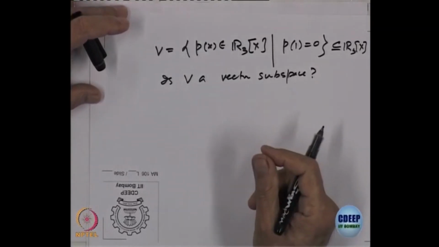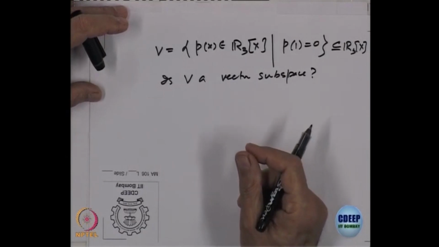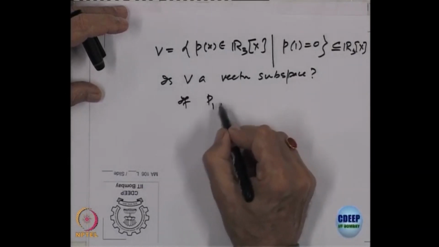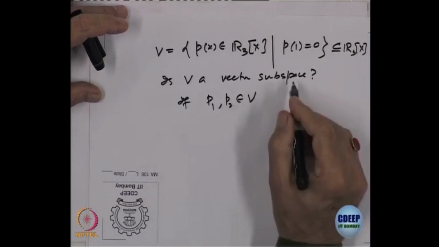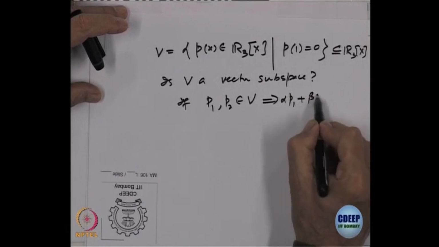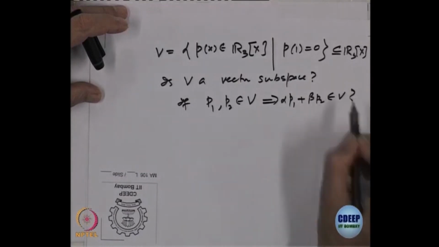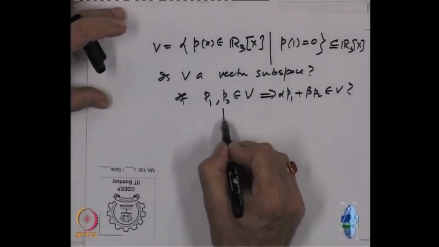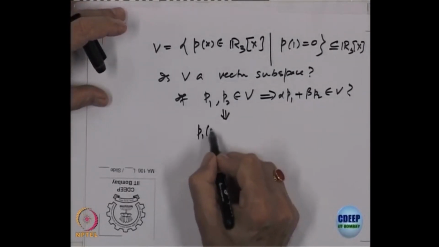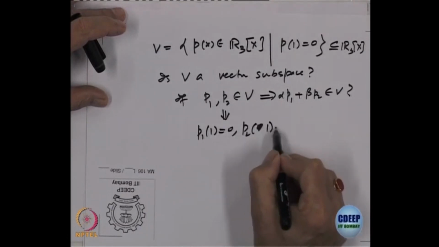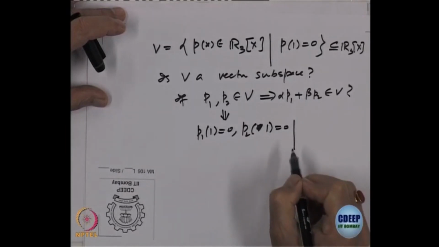First of all, we have to check whether it is a subspace or not. That means what? That means if p_1 and p_2 belong to V, does this imply alpha times p_1 plus beta times p_2 belongs to V, right? If that is the case, then okay. So, what does this mean? That means p_1(1) is equal to 0, p_2(1) is equal to 0, that is given to me.